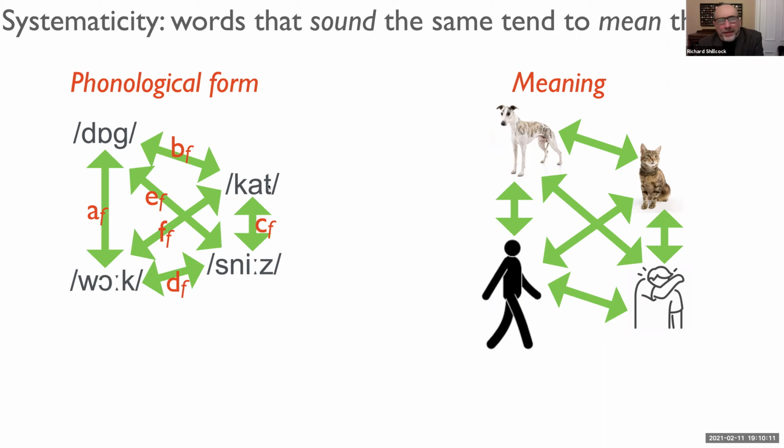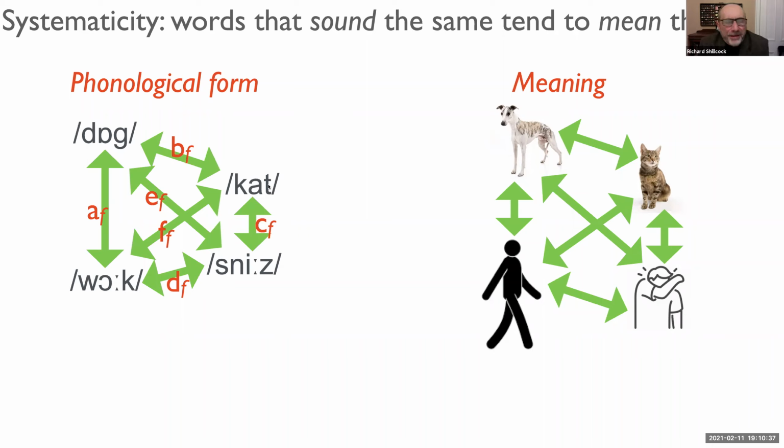Those are the places of articulation, and they also specify things in terms of the manner of articulation. So whether it's a stop, where the airflow stops, like a k or a d, or if it's a vowel, or a fricative like s or sh, where there's some vibration occurring.